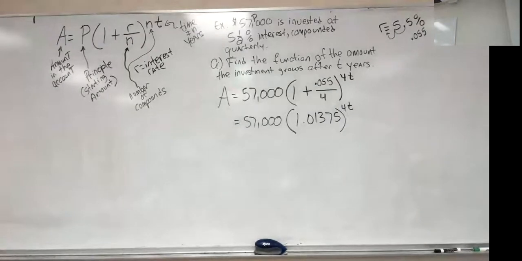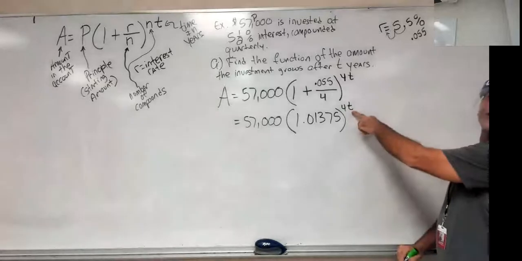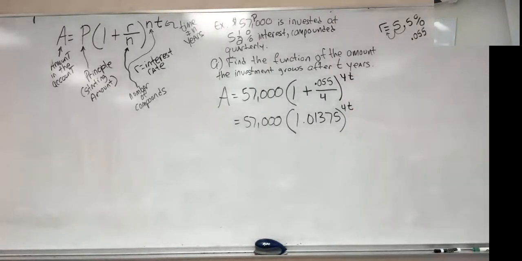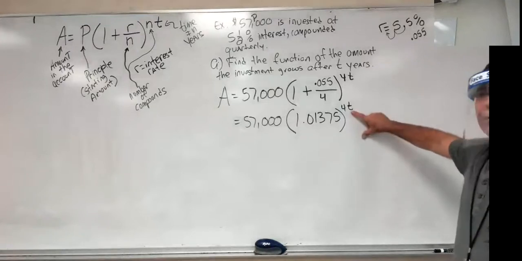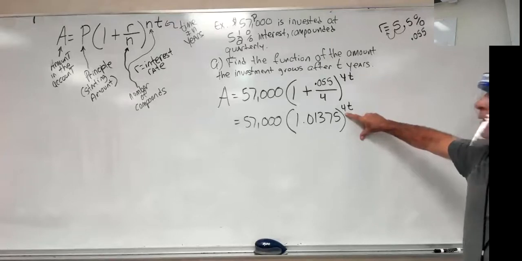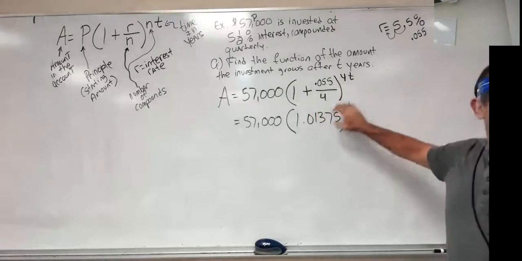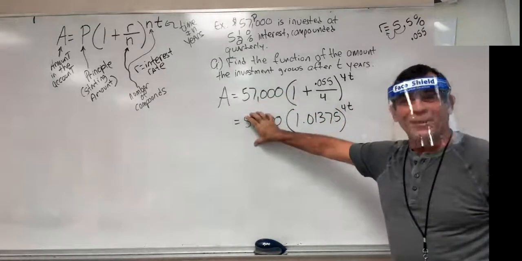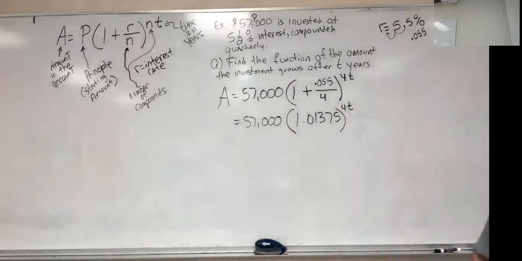At that point, MATLAB is happy because we can't go any further, since we don't know what t we're putting into that, okay? But check this out. What if that t was a 0? That 4 times 0 would be a 0, right? And all this to the 0 power would equal 1, and 1 times 57,000 would be 57,000. So it works that if you're at the starting point with 0 years, you better have $57,000, okay?